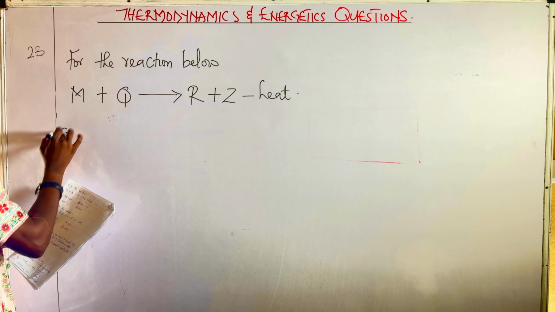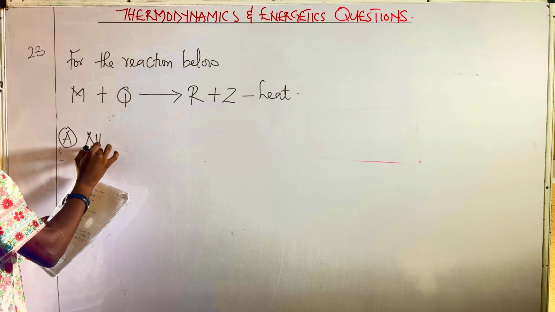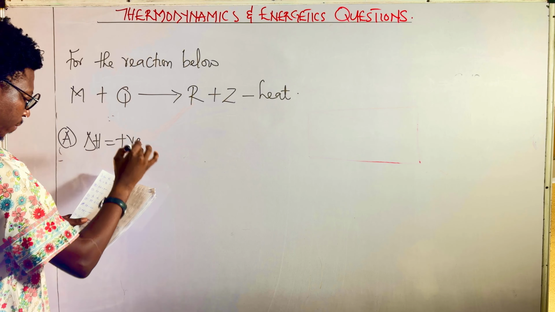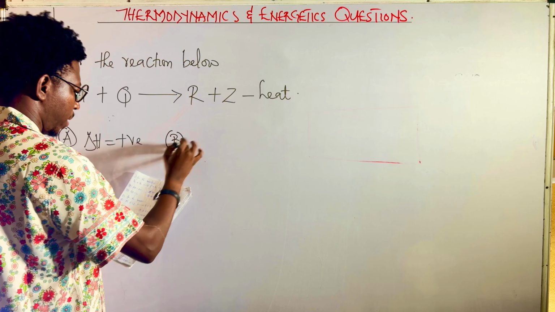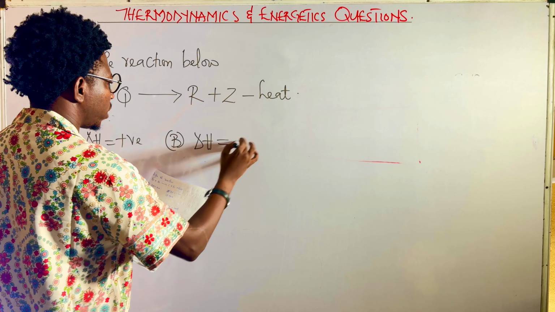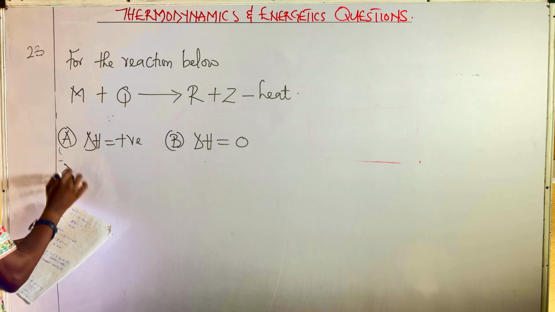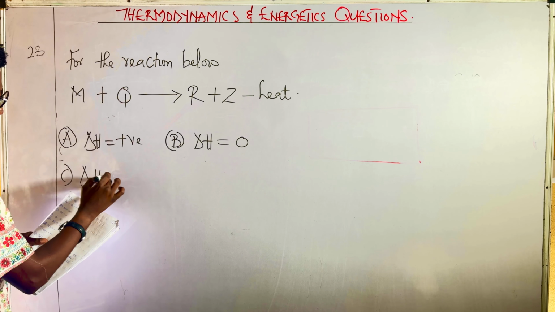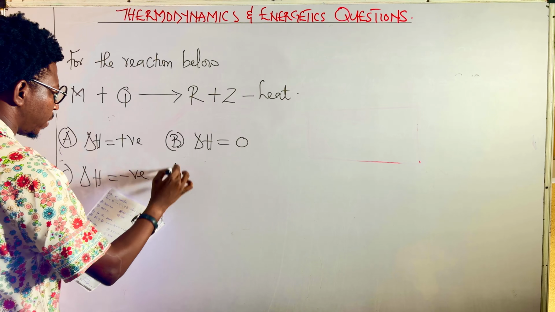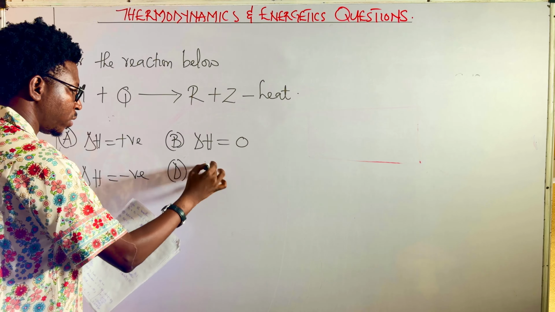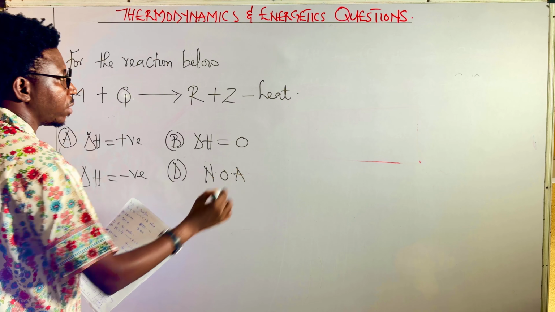Option A, delta H equals positive. Option B, delta H equals 0. Option C, delta H equals negative. Then option D, none of the above.